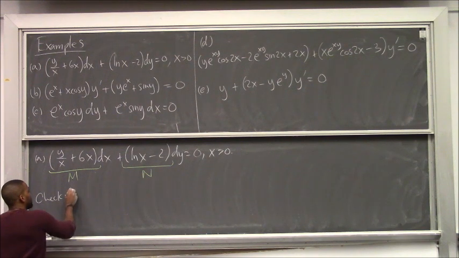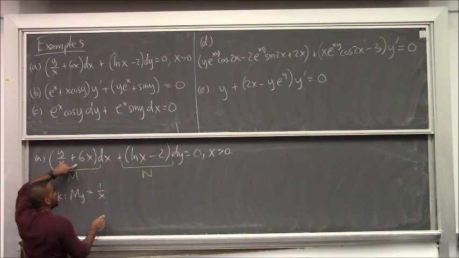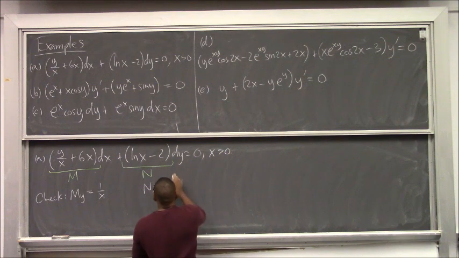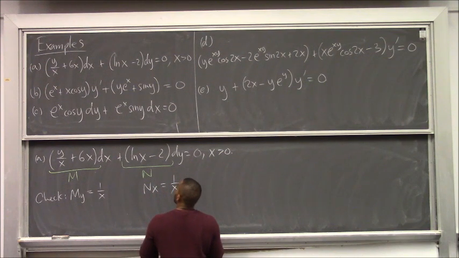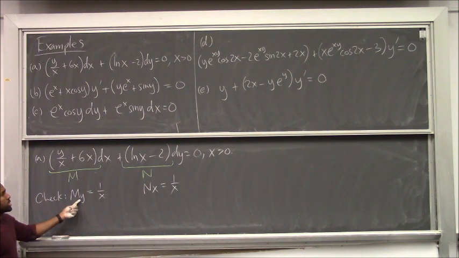So I would check. If I take the partial of this with respect to y, I would get 0, plus nothing, that's 0. And if I take the partial with respect to x, I get 1 over x. Wait, I'm taking the partial with respect to y, so that's a constant, so it goes to 0.